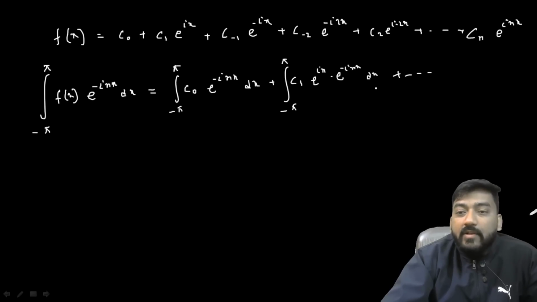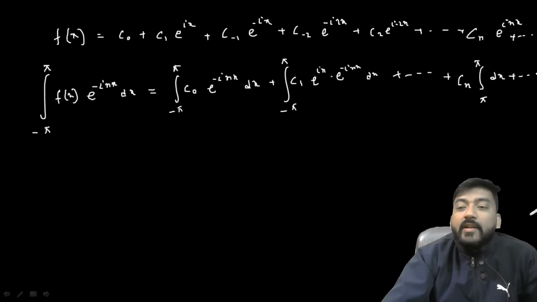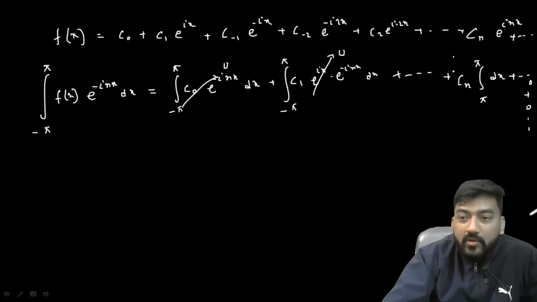But for this term you will get e to the power inx and e to the power minus inx, so this will be 1. So here you will get only cn, and there will be a plus term also, minus pi to pi, e to the power plus inx and e to the power minus inx is 1. It will be plus dot dot, again 0. All other terms will be 0. So this term will only survive.